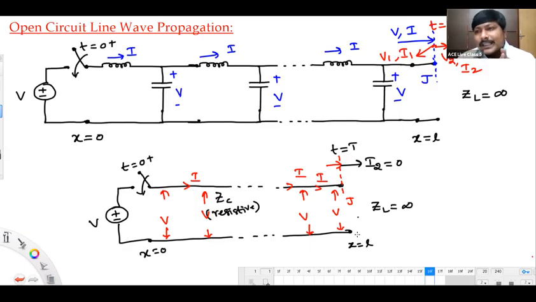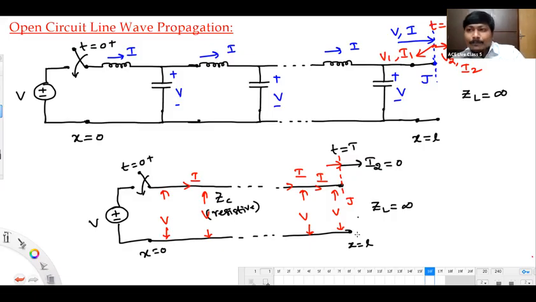But after reaching the receiving end, X equals L, we have an open circuit, outgoing current equals 0. So the current in the transmission line must be zero, which means the magnetic energy stored in the line might be converted into electric energy, right?